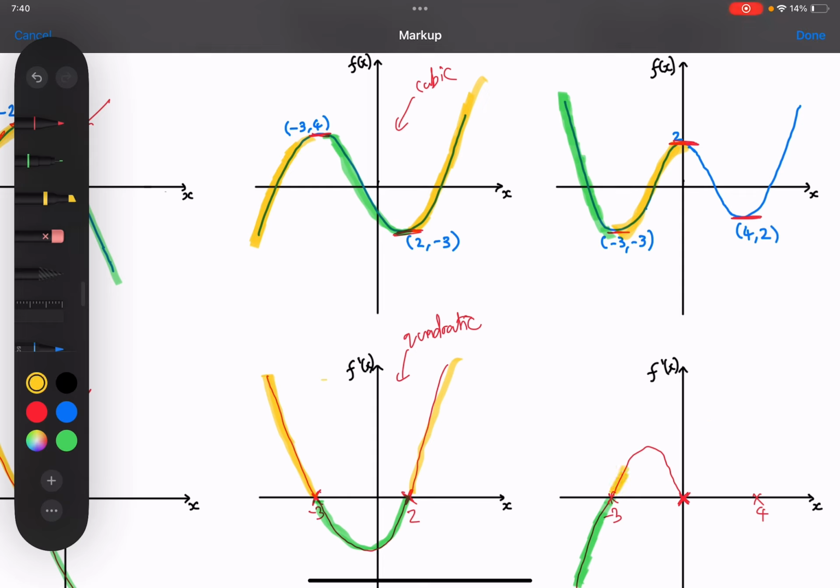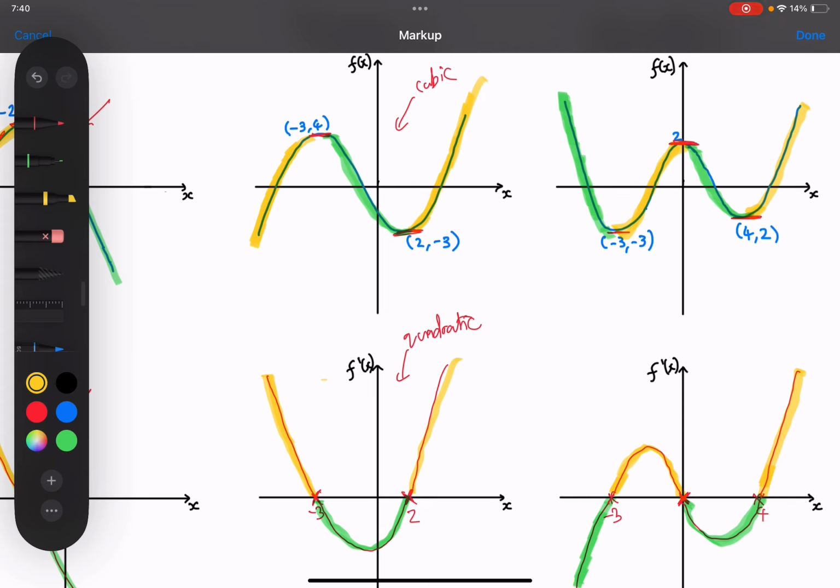Then between 0 and 4, we've got a negative gradient again. So my gradient function is going to have a negative gradient in between 0 and 4. And then after 4, we've got a positive gradient again. So that's going to go up here like this.